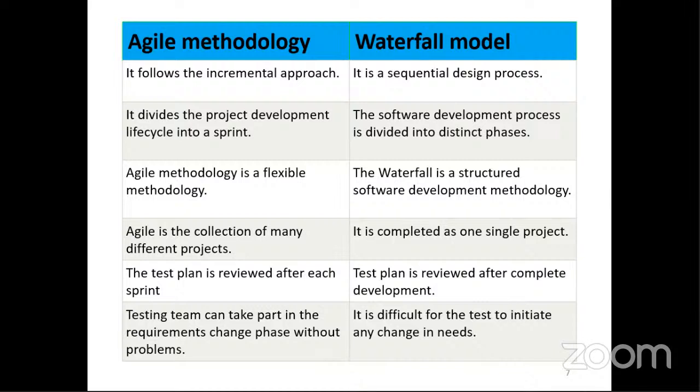The testing team can take part in the requirements and change phase without any problems, whereas in waterfall it is difficult to test the initial changes if there is any need. So this is the difference between agile methodology and the waterfall methodology.